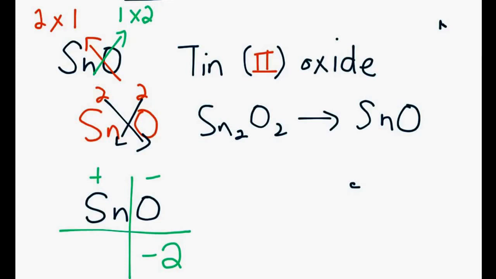The total positive has to equal the total negative. So the total positive here would have to be +2 to counter the -2 on oxygen. So this is tin(2) oxide.